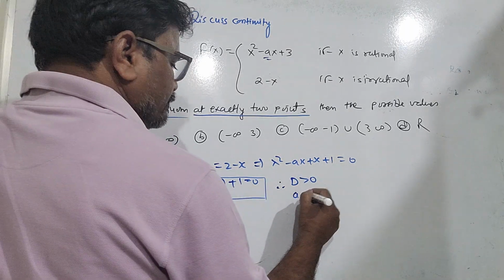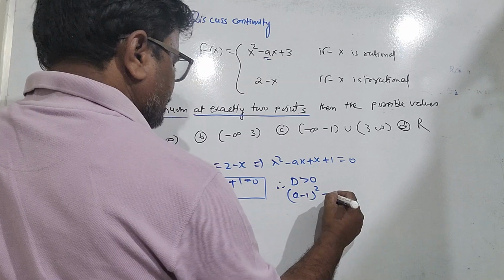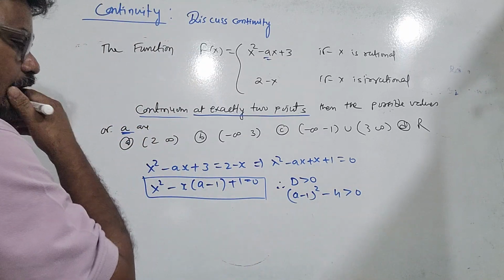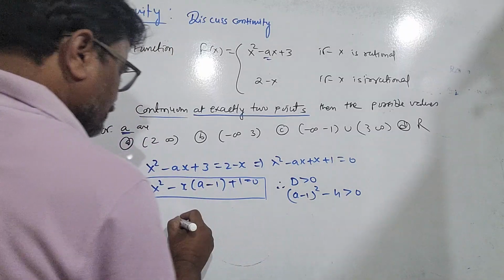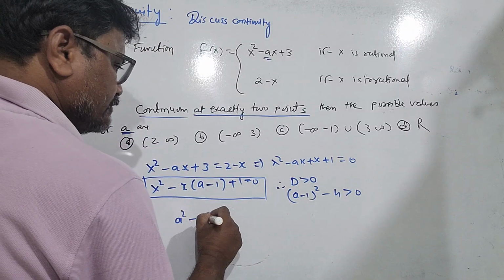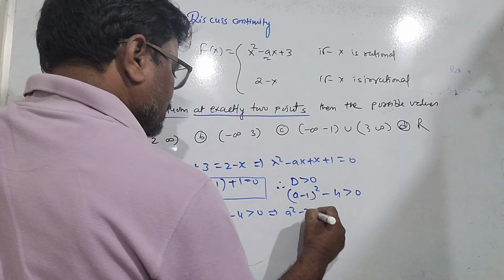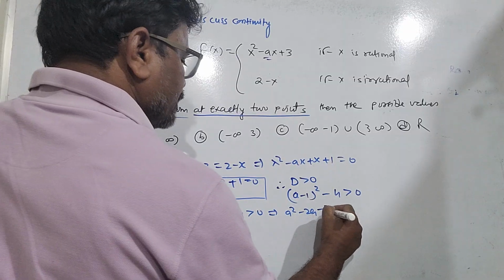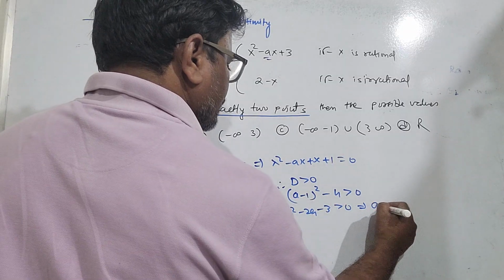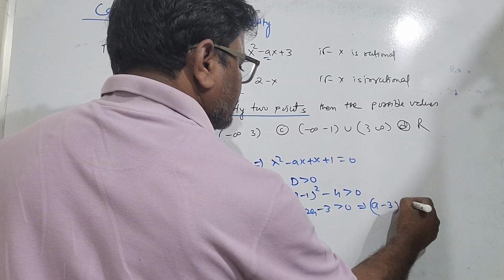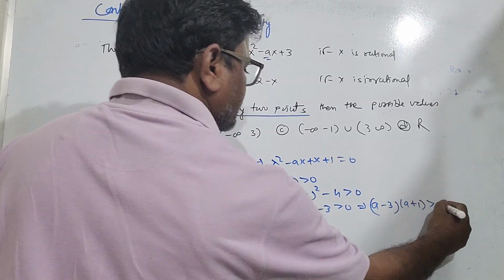That is, (a plus 1) square minus 4 is greater than 0. Correct? When we solve this, a square plus 2a plus 1 minus 4 is greater than 0, a square plus 2a minus 3 is greater than 0. Factorize: (a minus 1)(a plus 3) is greater than 0.